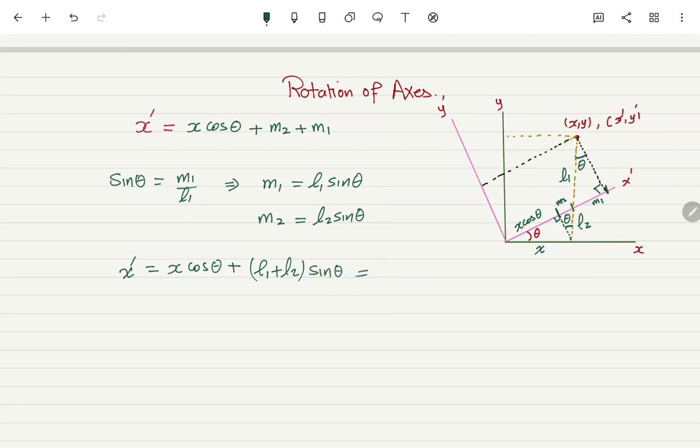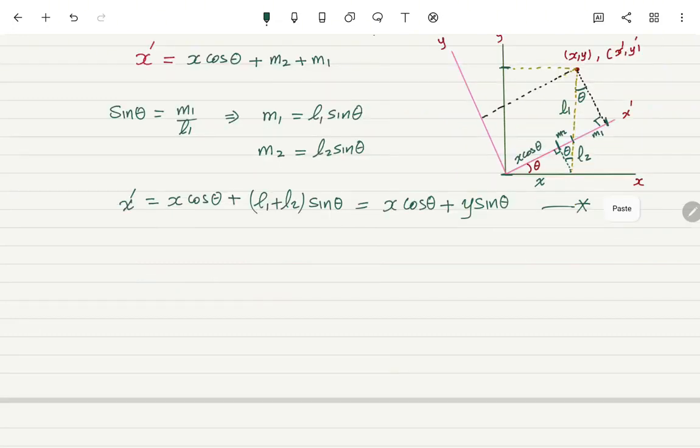Or we can say that x cosine theta plus, now L1, this is L1 and this is L2, is actually the intercept with the y. So this is y here. So from this one here to this one equal to L1 plus L2. So y sine theta. So let's keep this one here.